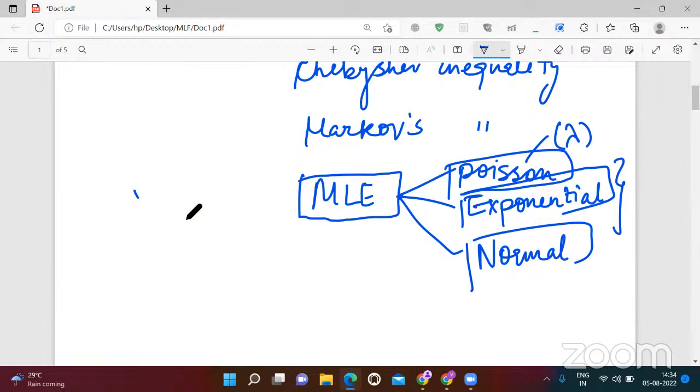How do we estimate it? We first write the likelihood function and then differentiate it to get the estimated lambda. Similarly, we can do it for the exponential. Similarly, for the normal, if mu is given, you can estimate sigma square, and if sigma square is given, you can estimate mu.